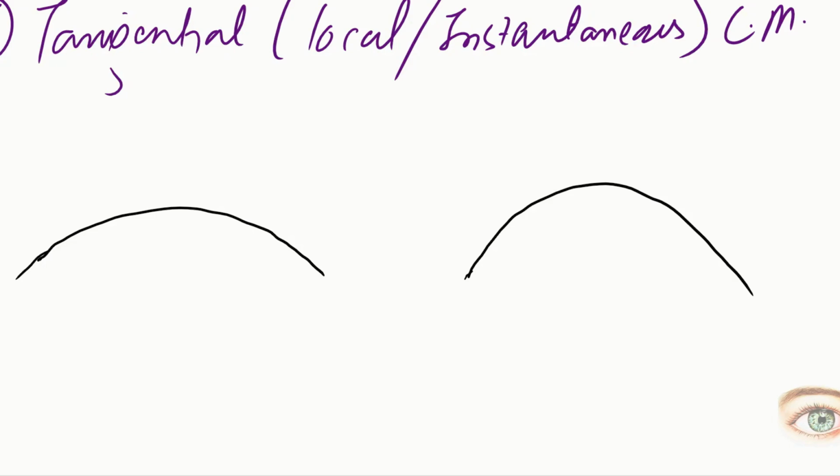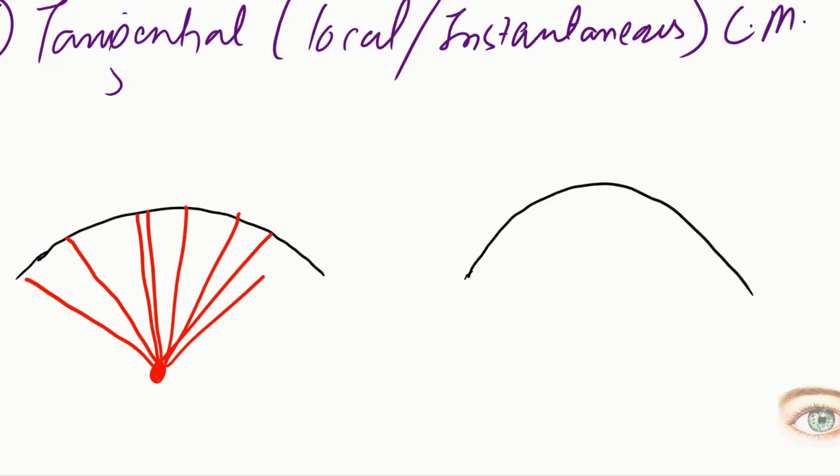The axial curvature map assumes one single optical center for all the points, so it is going to measure all the positions of the cornea according to this single central optical center.